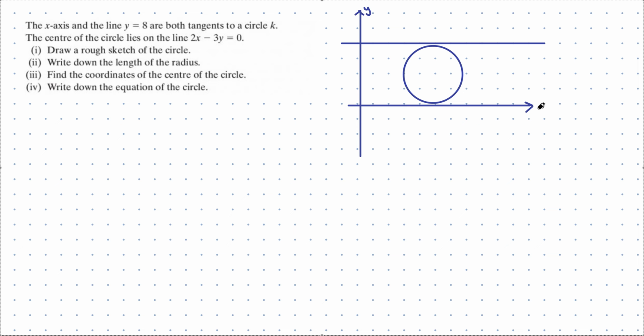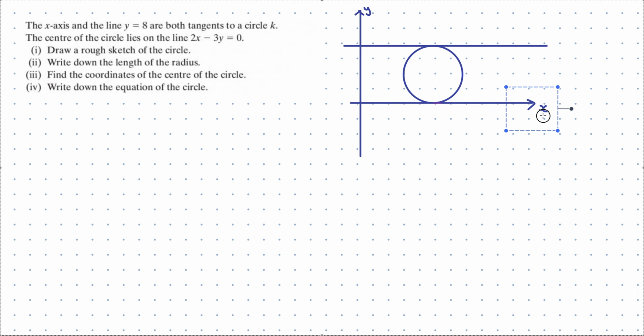This is our y-axis. Now, I'm just going to adjust this sketch a little bit so we can really see what it means if the x-axis and the y equals 8 lines are tangents. Then it says the center of the circle lies on that line. So we have another line passing through. If I was to get that in the y equals mx plus c form, I'd add 3y to both sides, and then I'd get 2x is equal to 3y.